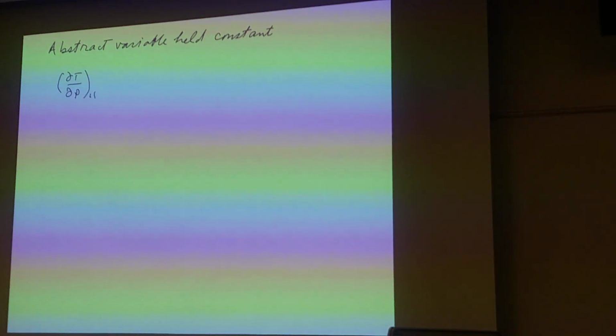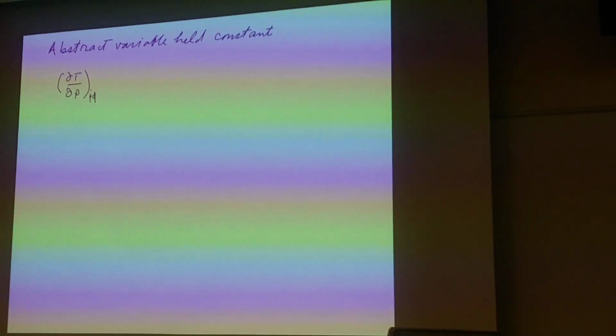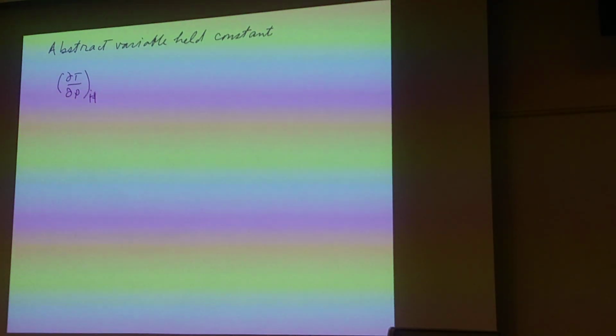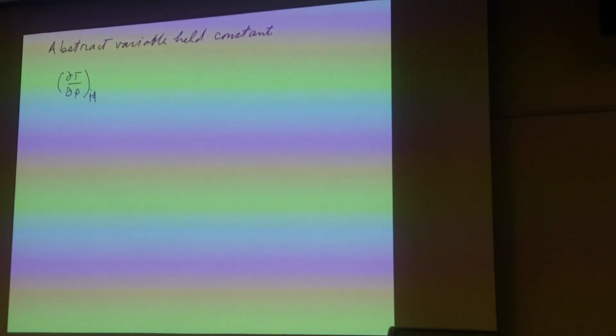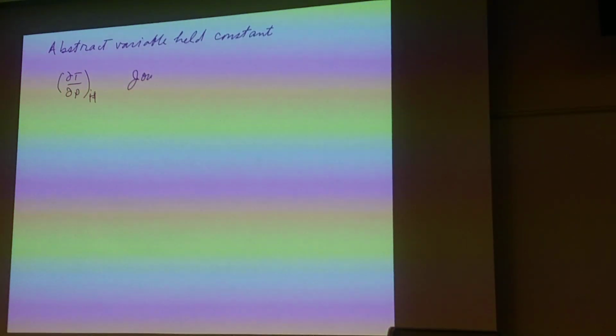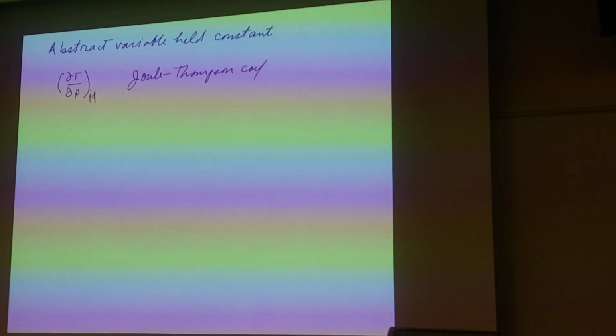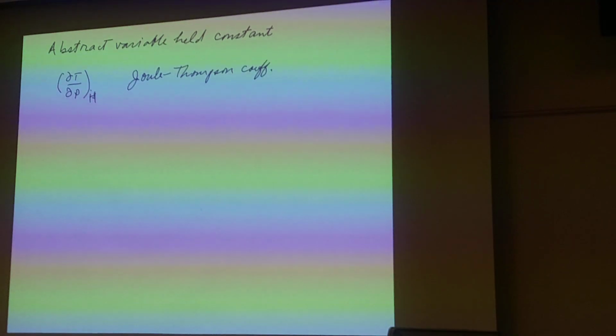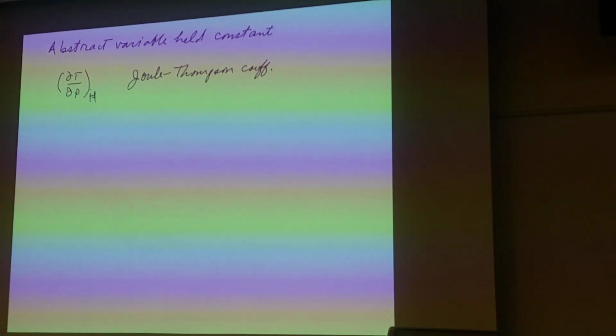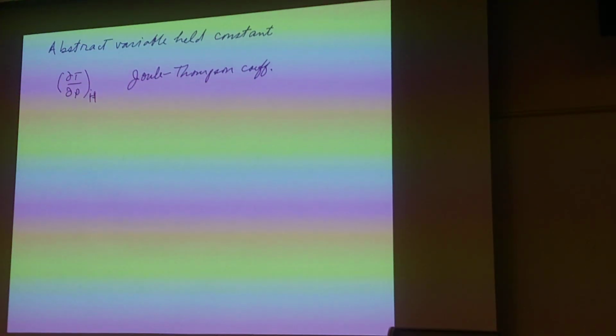Partial T with respect to P at constant H. This is the so-called Joule-Thomson coefficient, and it tells us how much the temperature changes, usually drops, as we throttle a fluid from a high pressure to a low pressure. So let's just remind ourselves of that Joule-Thomson coefficient, and it has that physical significance. We'd like to be able to express it, if we could, in terms of measurable properties.